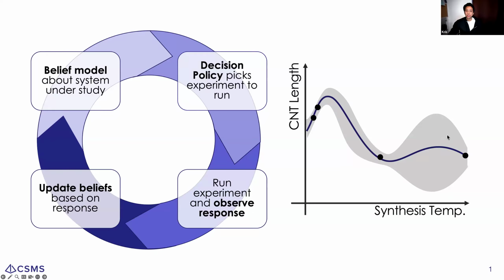The decision policy is always trying to balance between experiments or recipes that we estimate to perform really well and experiments or recipes that we don't really have a good understanding of the resulting outcome or the property, right? And that tension is called the exploration versus exploitation dilemma.